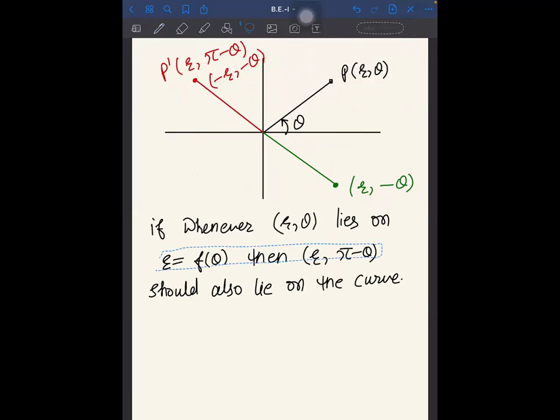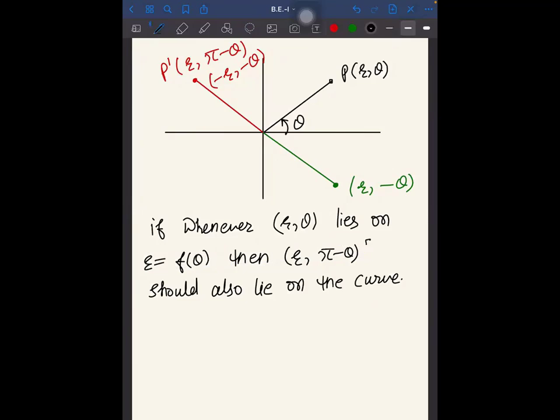And equivalently we say that instead of r, pi minus theta we may have this form as well, and that is minus r, minus theta.